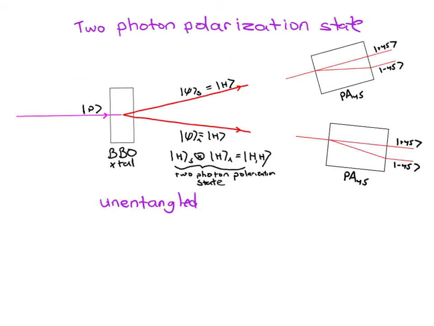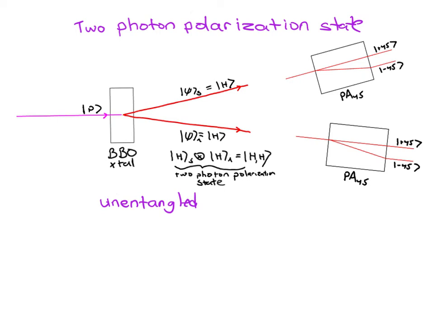And as an example of how to calculate probabilities when you have unentangled particles like that, let me imagine the following situation. Suppose we take a pair of polarization analyzers, which are constructed so as to measure the polarization relative to the 45-degree direction.